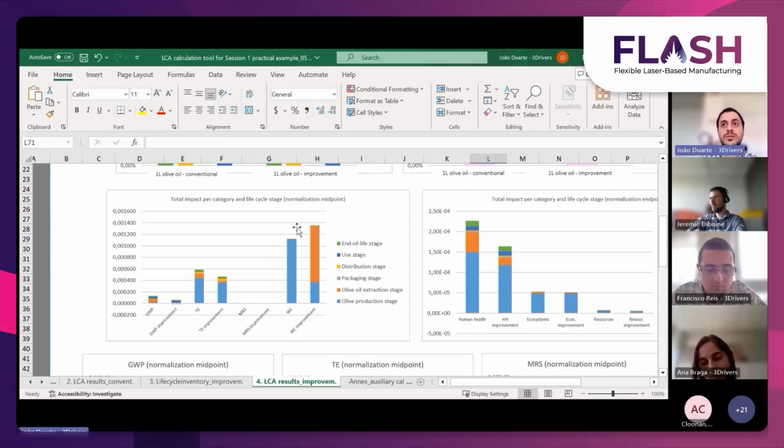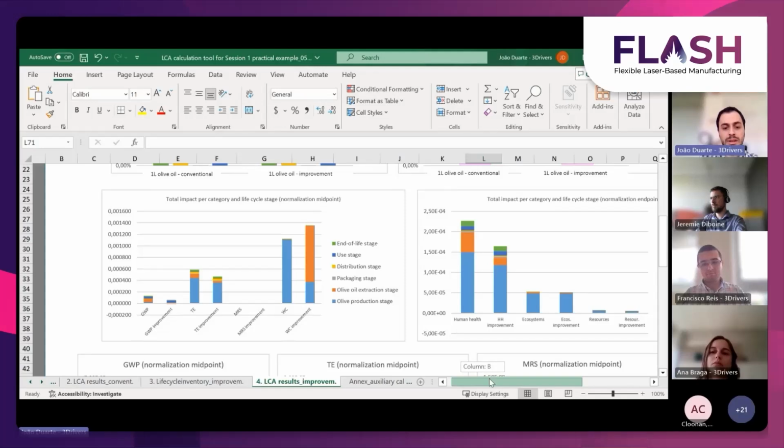This occurs because we are using photovoltaic energy, which, in order to keep the efficiency of the equipment high, makes it necessary to wash the panels regularly, and as such, that water that is used is accounted here. So in this case, in order to reduce these impacts, we'll need to consider recirculation systems in order to reuse that water multiple times, and so have a real improvement in this indicator.